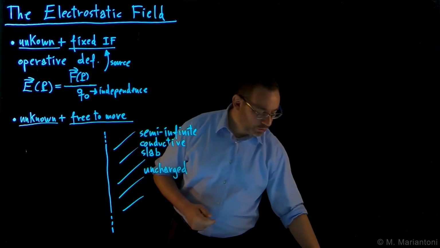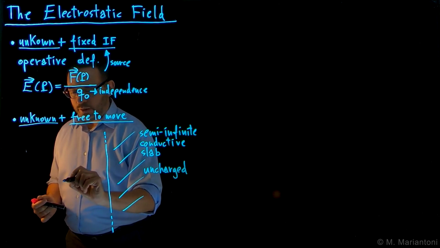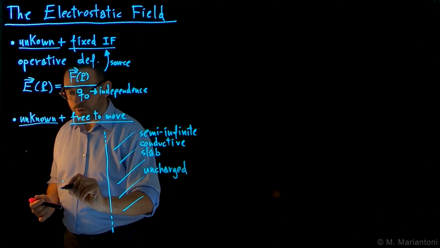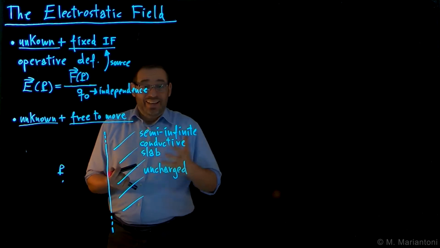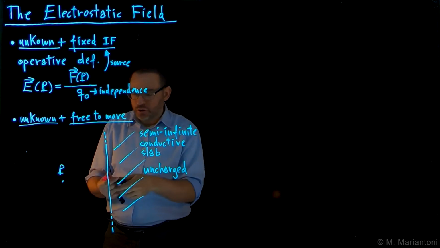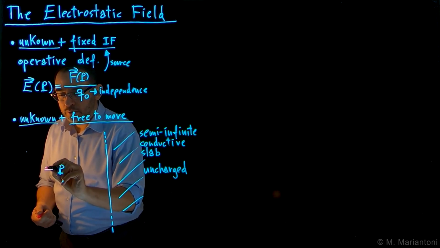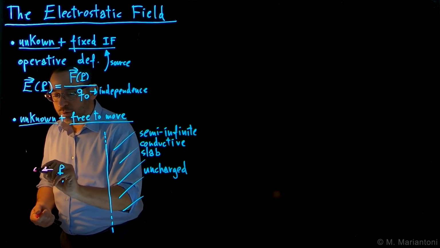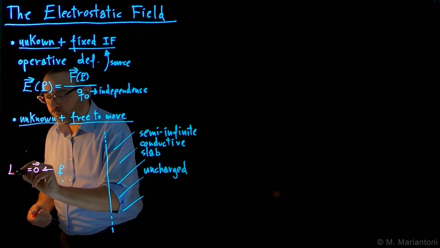Obviously, under these conditions, if I pick a point here, capital P in space, which is my test point, there is no charge anywhere in space, and there is an uncharged conductor. I expect the electrostatic field at this point to be obviously equal to 0.